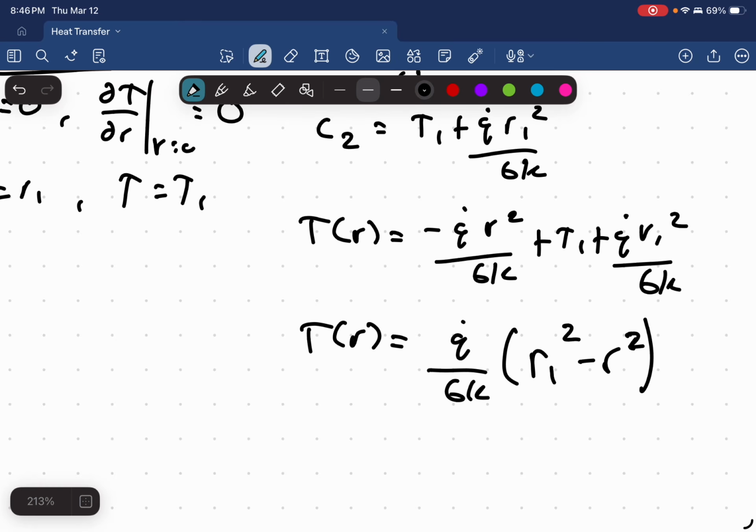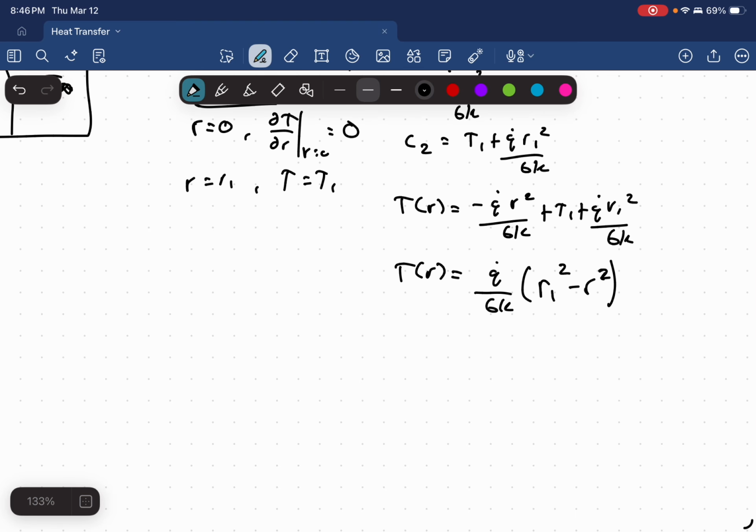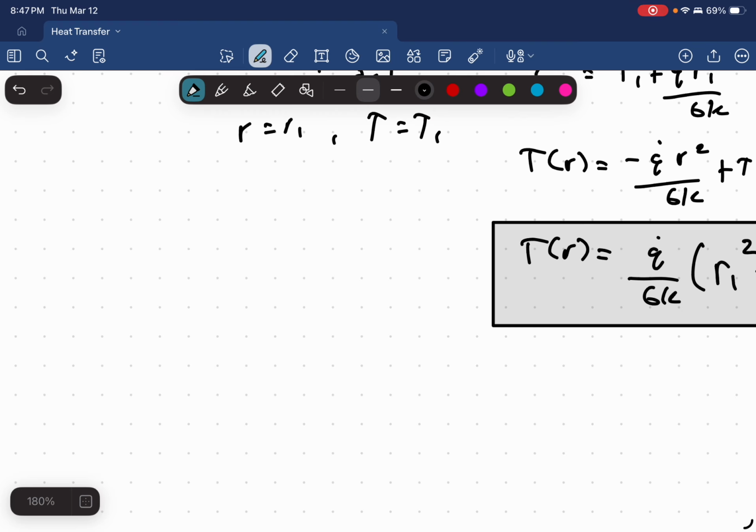Alright. Okay, so that's your T of R. Now, to find maximum temperature, we're going to use a boundary condition once again.